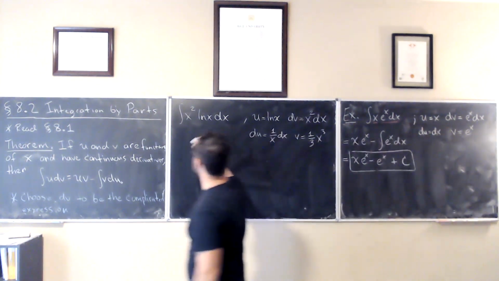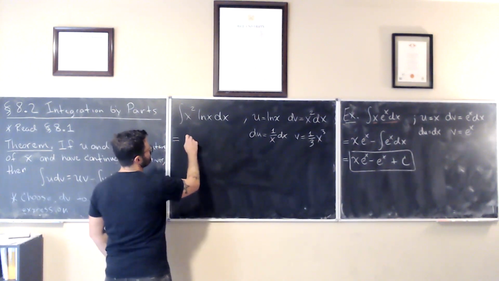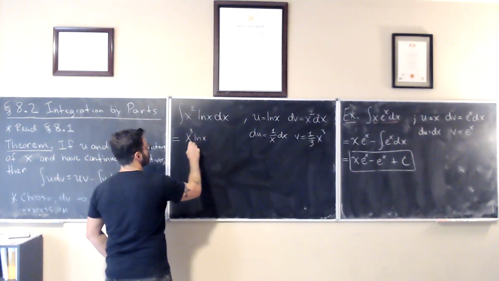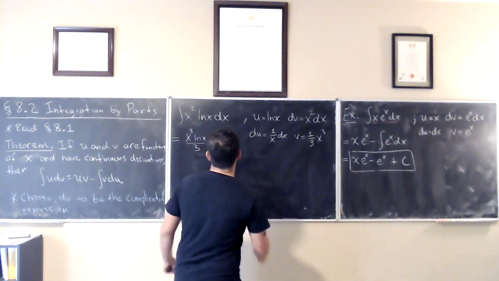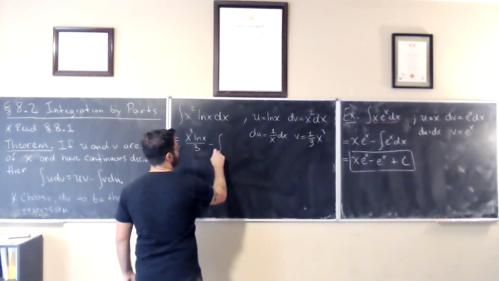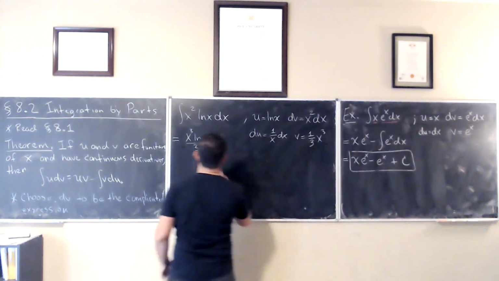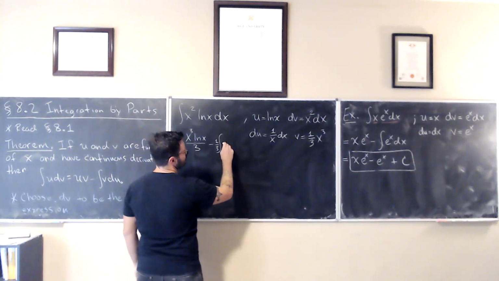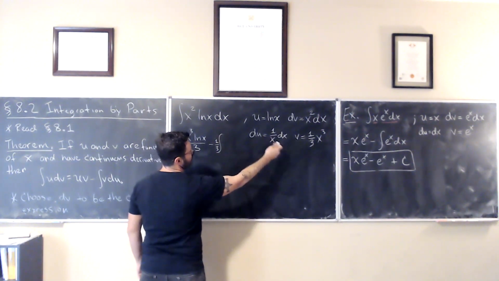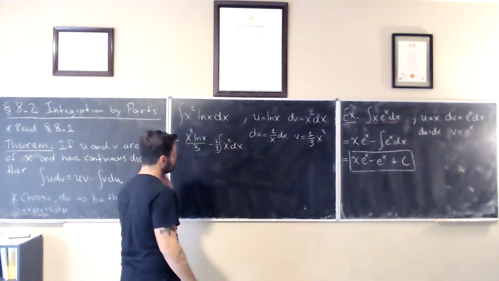So now, this is going to be u times v, so it's x cubed natural log of x over 3, minus the integral of v du. So pull out the 1/3. Then x cubed times 1 over x would just be x squared dx.